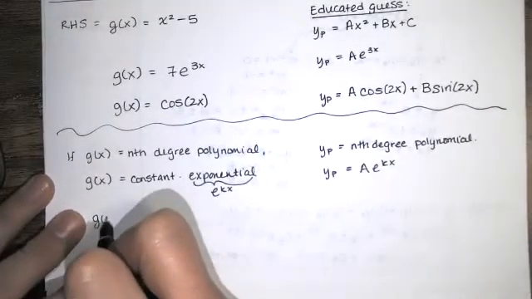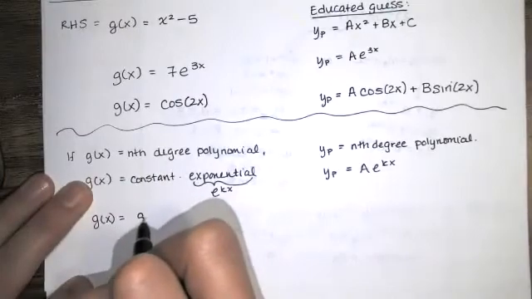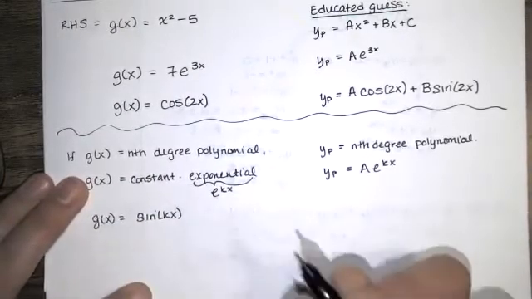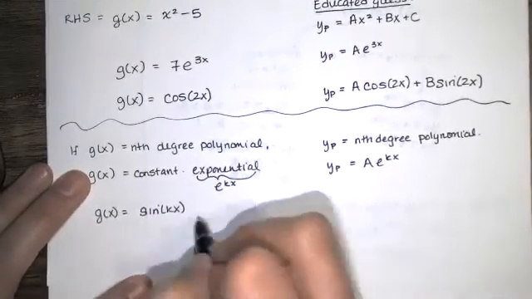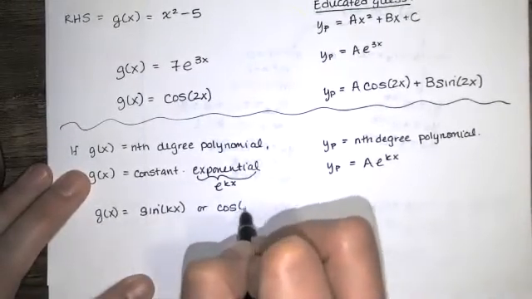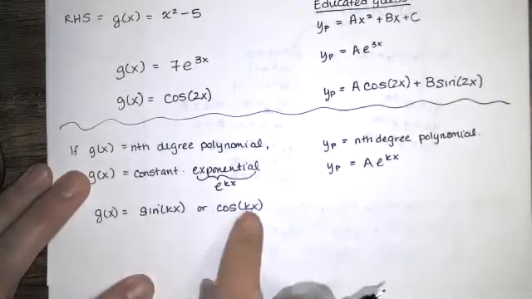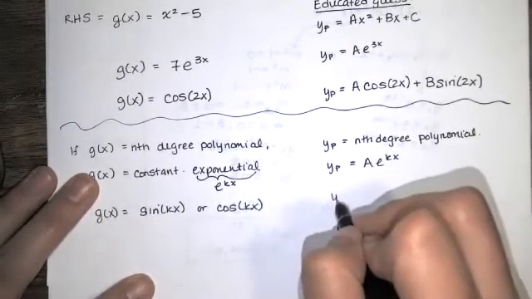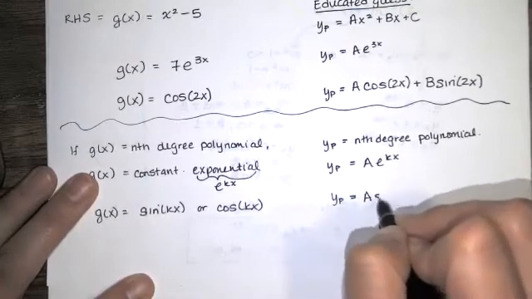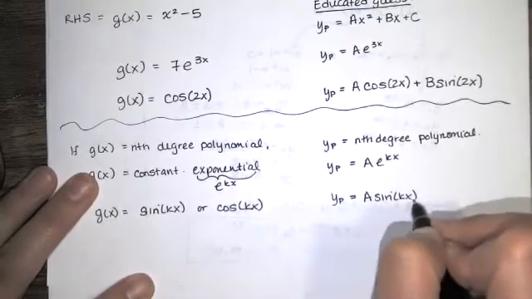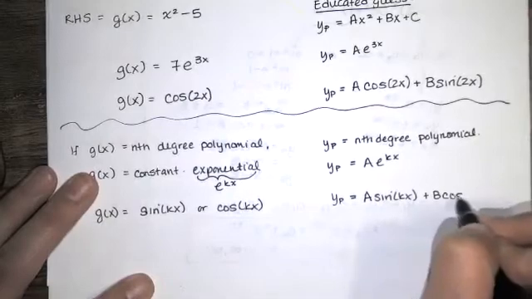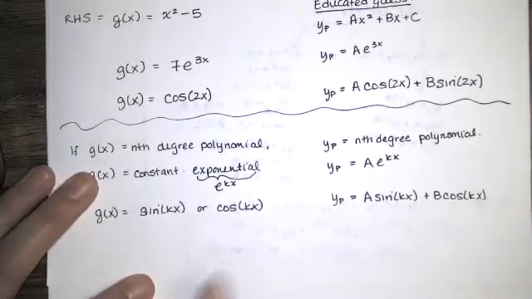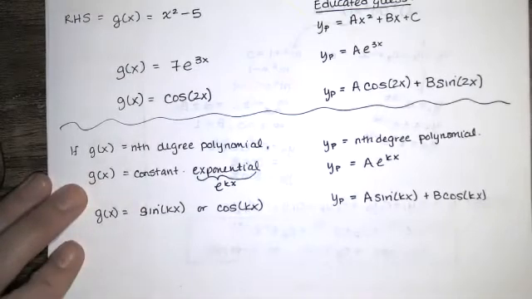If g of x is a sine or cosine of kx, then y sub p is not just one of those terms, but that linear combination of both of those. Y sub p is a constant times sine of kx plus a constant times cosine of kx, because derivatives of functions like these lead to functions like that.